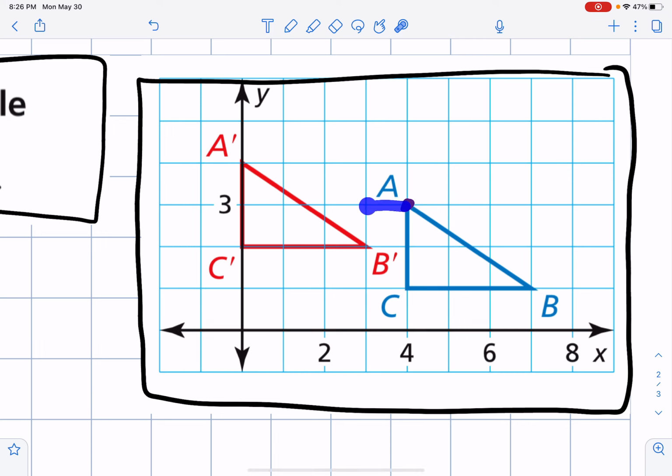Well, I have to go 1, 2, 3, 4 units in the negative x direction, and I have to go 1 unit in the positive y direction.